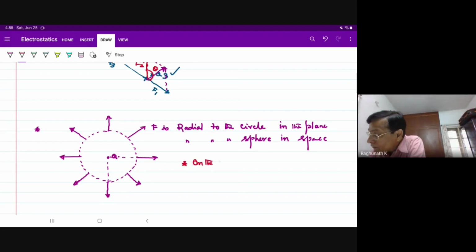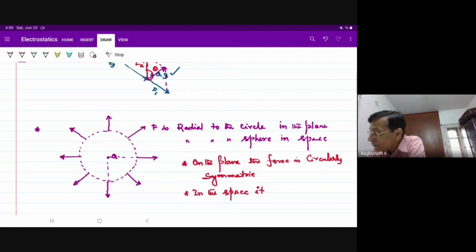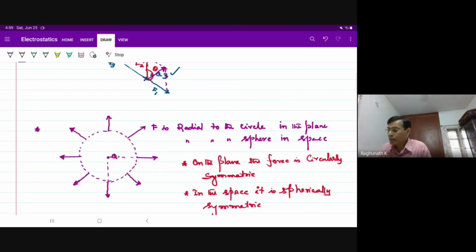On the plane, the forces are circularly symmetric. These statements matter a lot later. In space, it is spherically symmetric. Please check it.